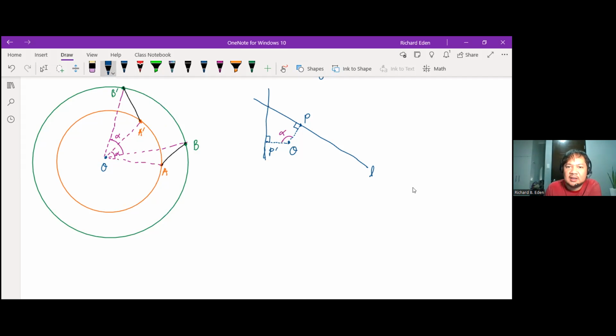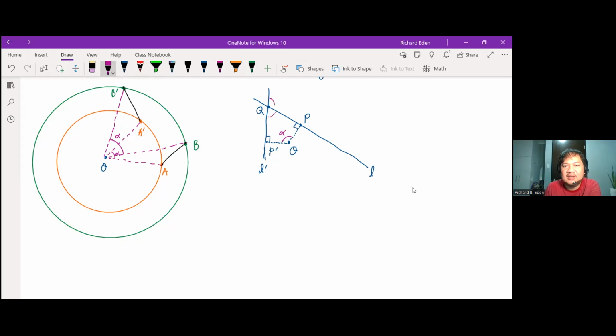But now if you look at the quadrilateral that's formed here: Q, the point of intersection, P, the orthogonal projection of O on L, and P prime, the orthogonal projection of O on L prime. Observe that you have two opposite 90-degree angles. That means this is a cyclic quadrilateral, and so the angle internally at Q is the supplement of alpha.